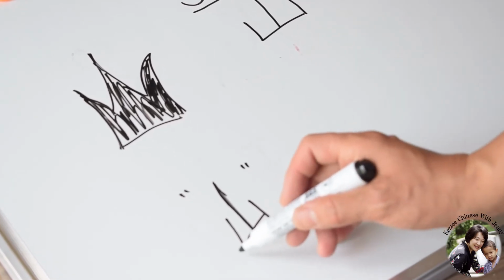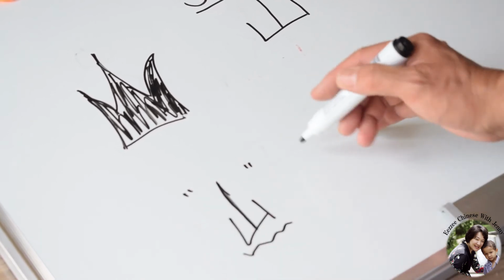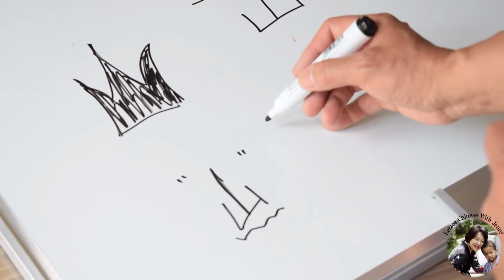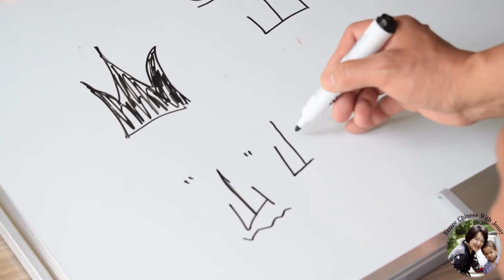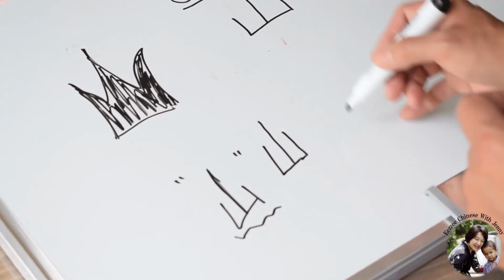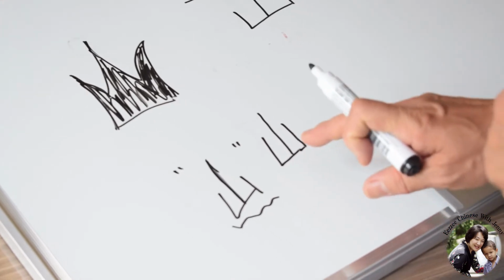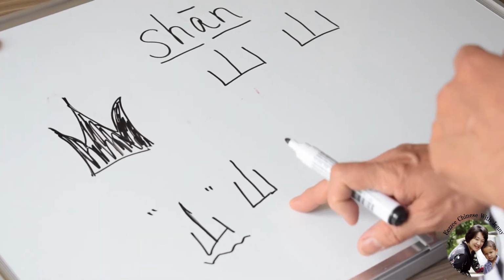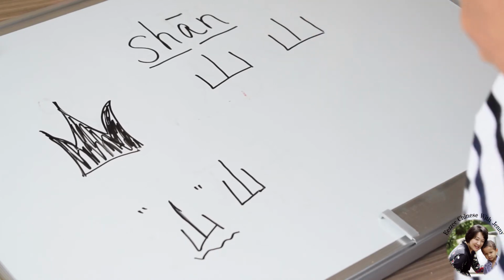So if you see any character with this part, the radical, you can write this character a bit slimmer, because it will add another part of the character, to form a whole character. If you see any character with this part, it is always related to mountain or describes the mountain.